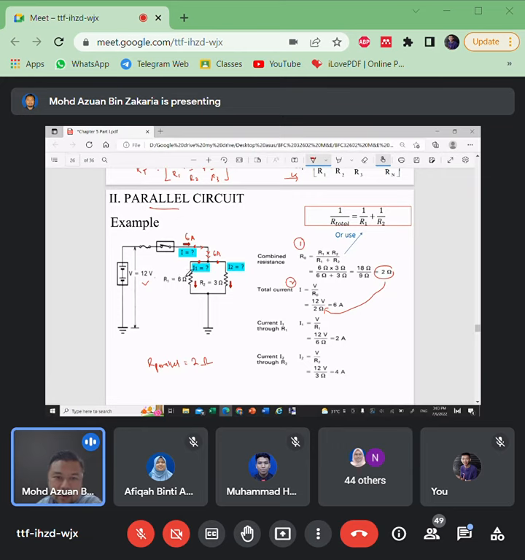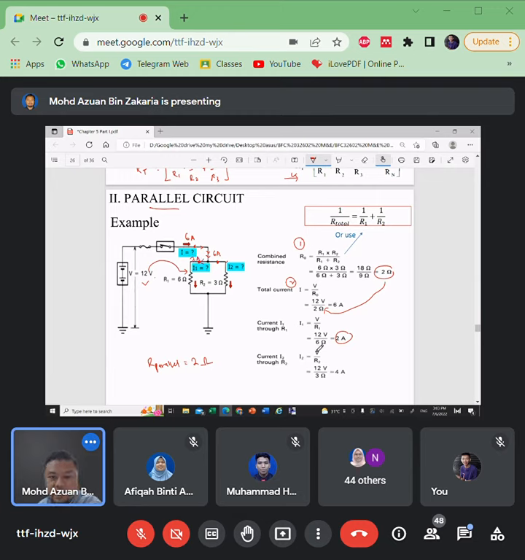So what is the current here? Let's look at the resistance here. Since we have only one parallel, the voltage is similar. So we can calculate I1 equals V over R1, which is 12 volts divided by 6, so here is 2 ampere going to the left.